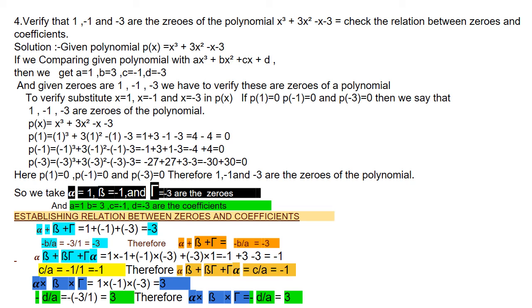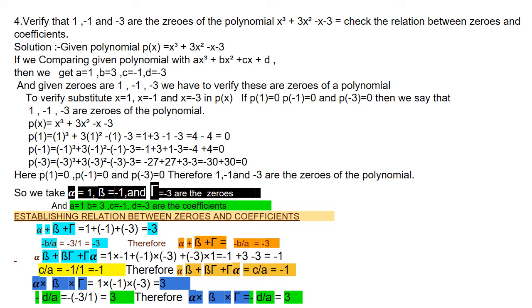Now the product of the zeros taken two at a time, alpha into beta plus beta into gamma plus gamma into alpha, is equal to 1 into minus 1 plus minus 1 into minus 3 plus minus 3 into 1. We will get minus 1 plus 3 minus 3 is equal to minus 1. Now we have to check the ratio of c and a. What is c here?